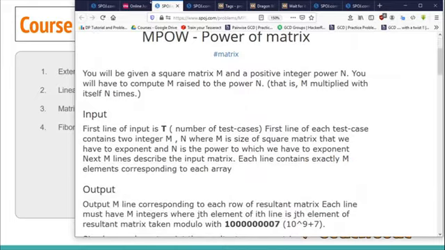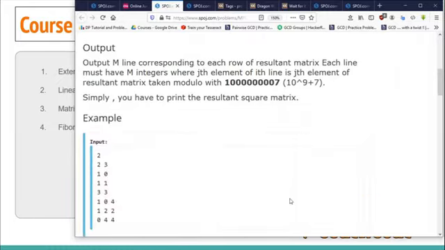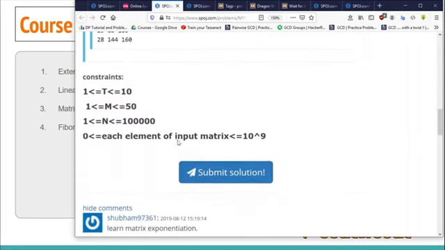So we would study how matrix exponentiation, or basically fast matrix exponentiation, can be used to calculate higher powers of a matrix in a very fast way, in m cube log n time if the matrix size is m.